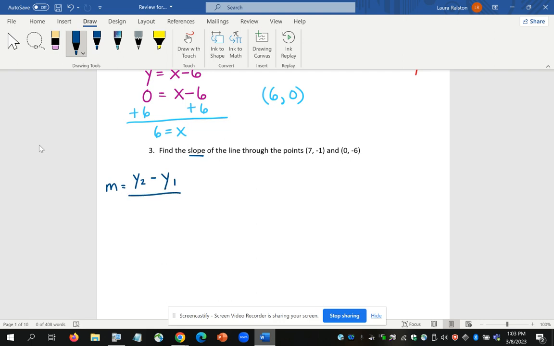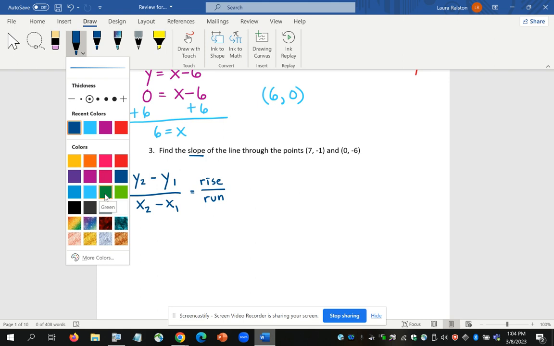Slope is y2 minus y1 divided by x2 minus x1. A lot of students view it as rise over run. So again, you have the formula, you have the 2 points given to you, and it becomes a substitution problem.